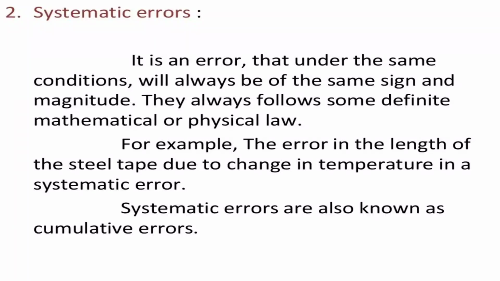Such errors are of constant character and are regarded as positive or negative according as they make the result too great or too small. Their effect is therefore cumulative. For example, the error in the length of a steel tape due to change in temperature is a systematic error. Systematic errors are also known as cumulative errors.